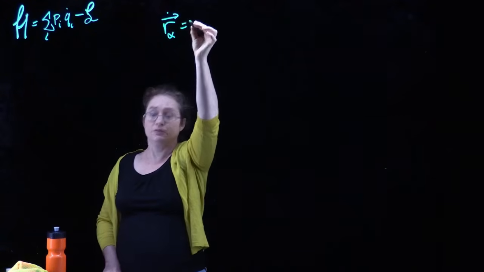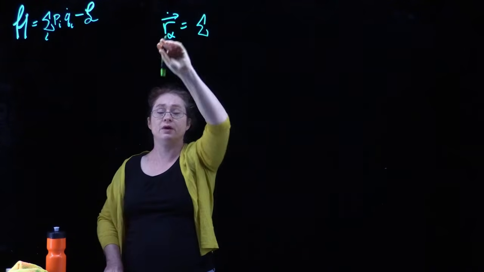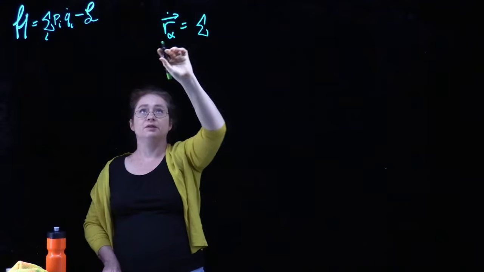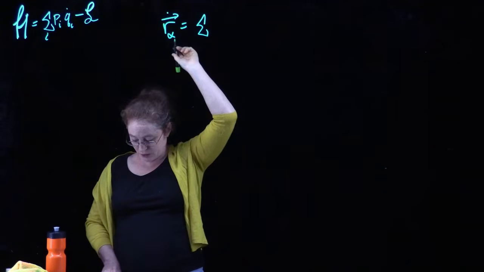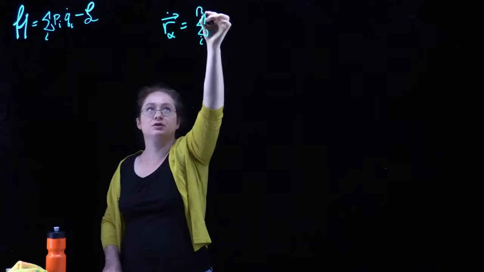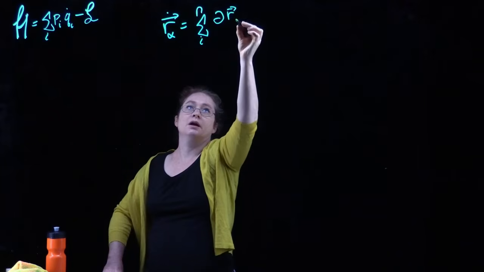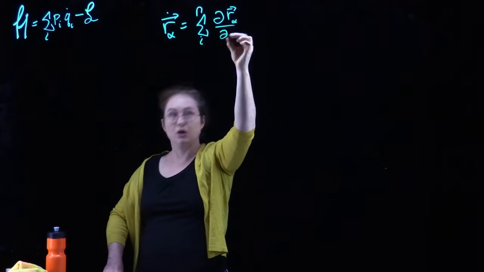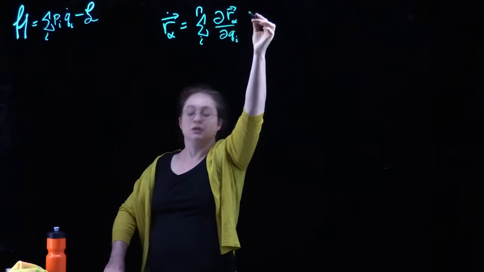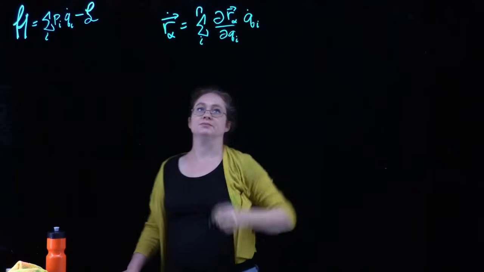The derivative of the position of the alpha particle is the sum over all of the generalized coordinates, partial r alpha, partial qi, times qi dot.